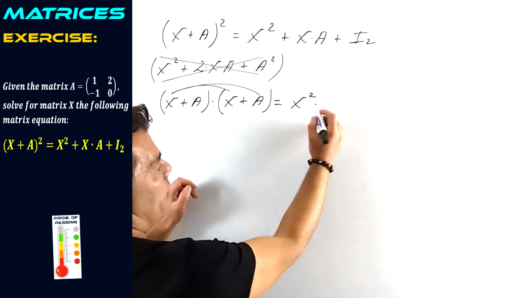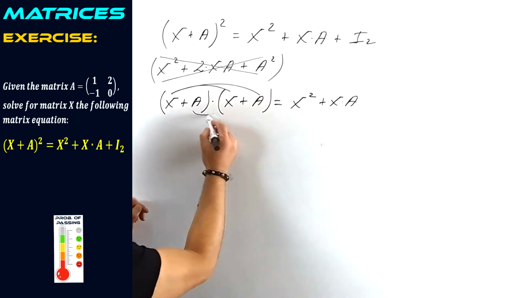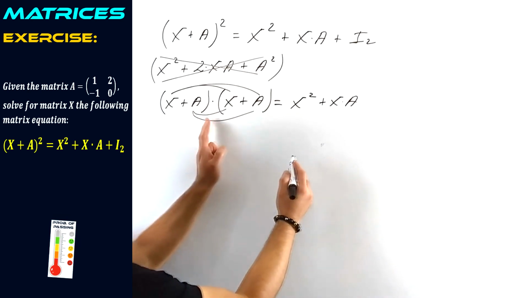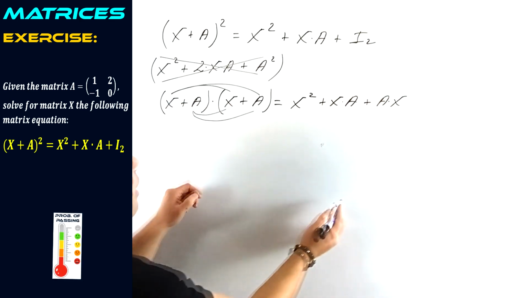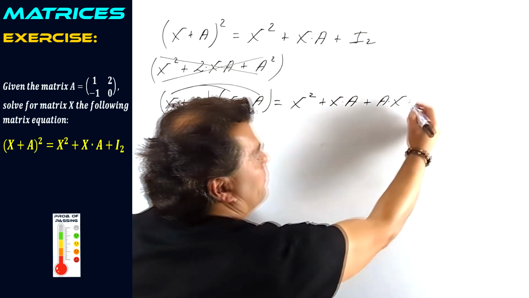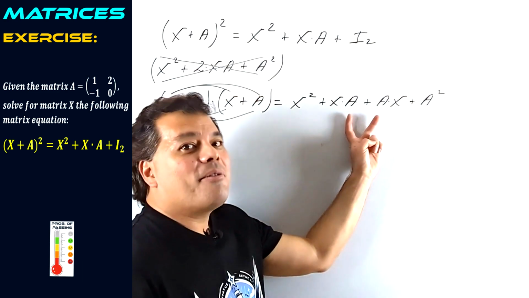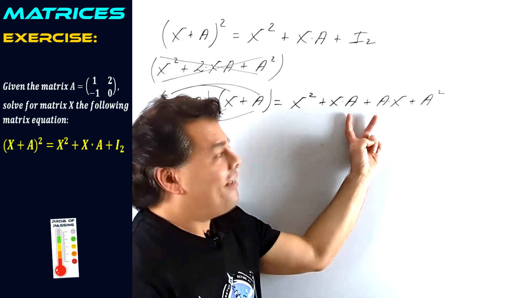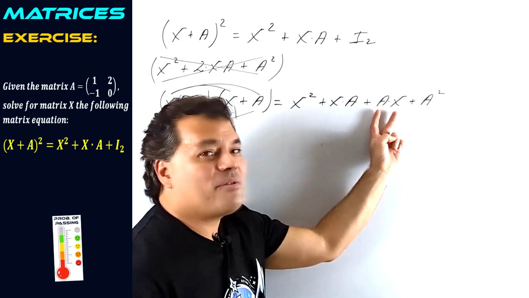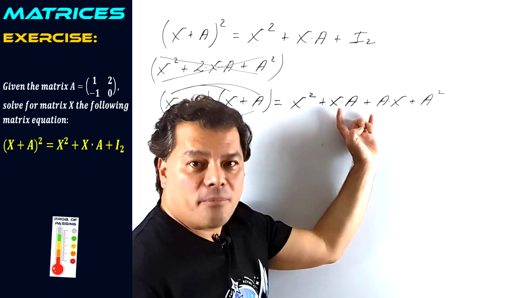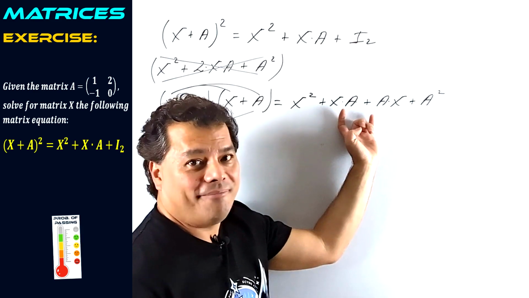X times A, X multiplying A. And now, A multiplying X. And A multiplying A is A squared. And you already know that in this topic, X times A is not the same as A times X. The commutative property doesn't exist in matrix operations, okay?